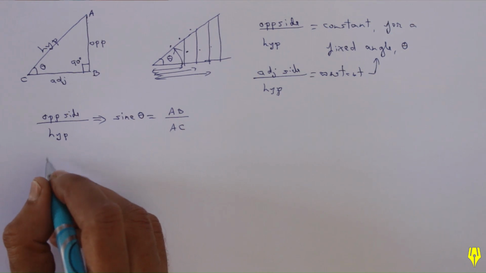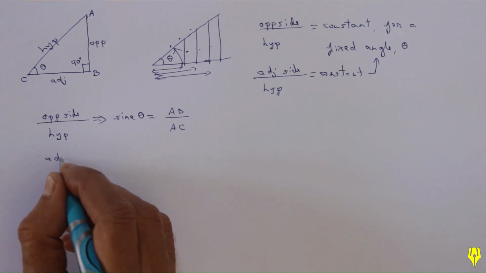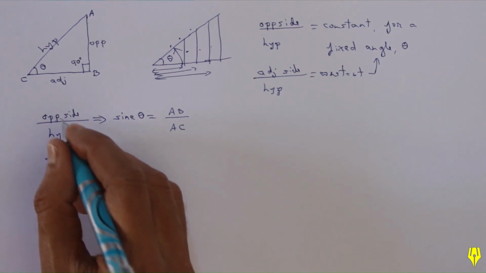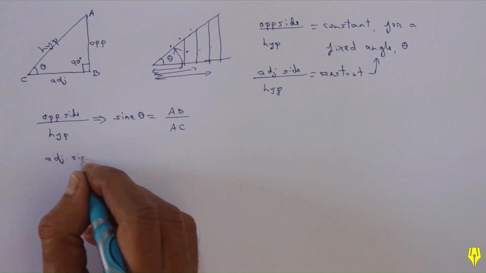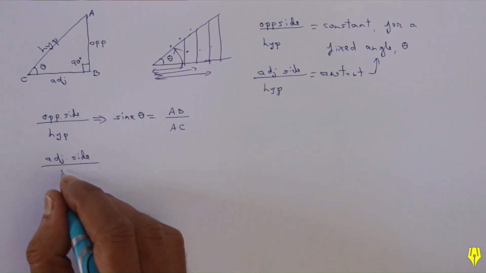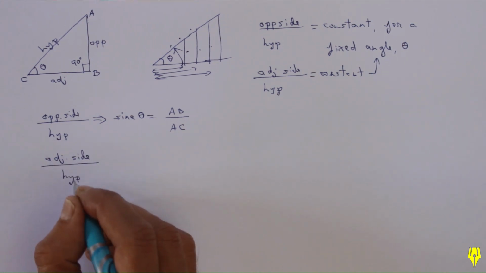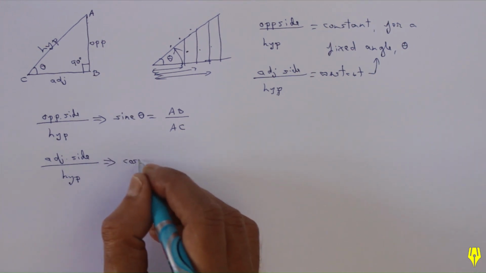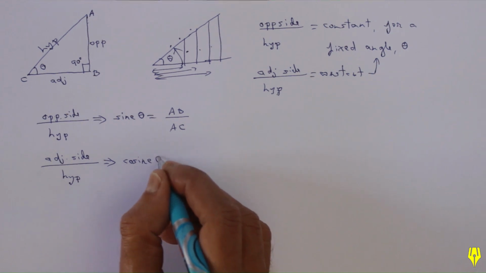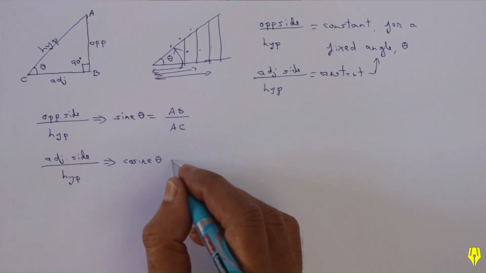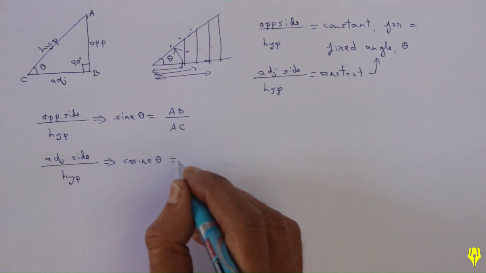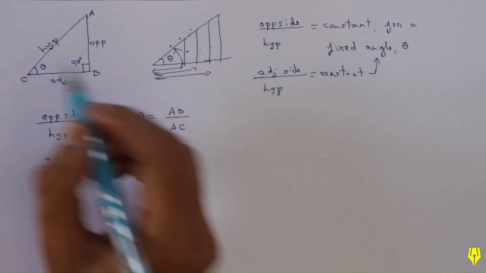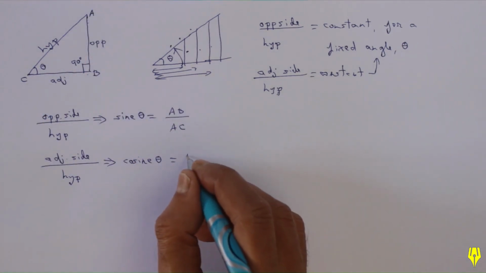Similarly, the ratio of the adjacent side to the hypotenuse, which we found to be constant, can be written as cosine theta, or in short form as cos theta. So this is BC by AC.